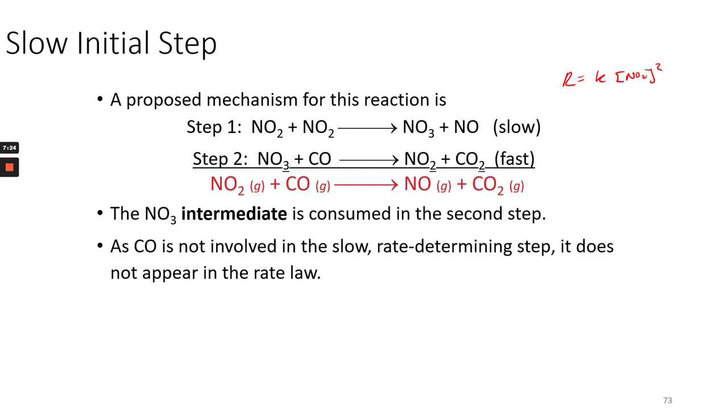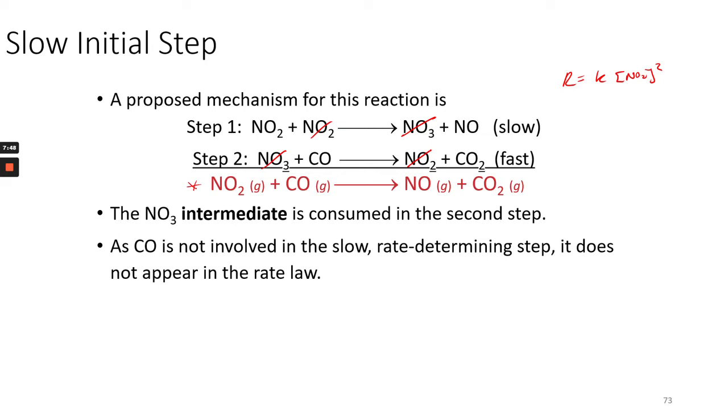These 2 steps have to add up to equal our reaction. So when we add them up, notice the NO3s go away and our NO2s go away, and we are left with NO2 plus CO yielding NO plus CO2, okay?